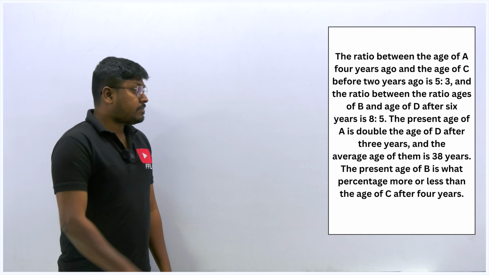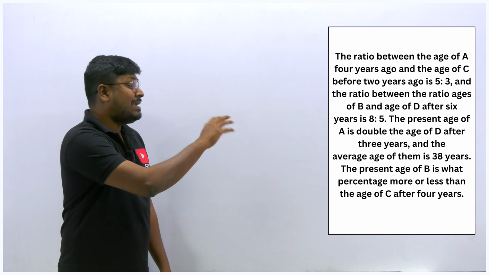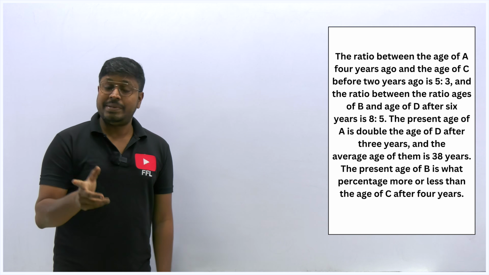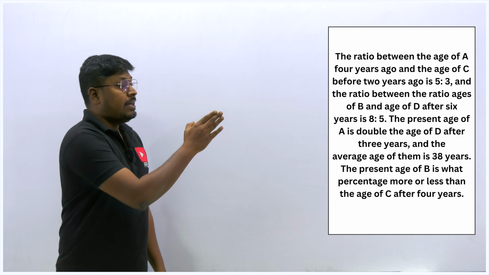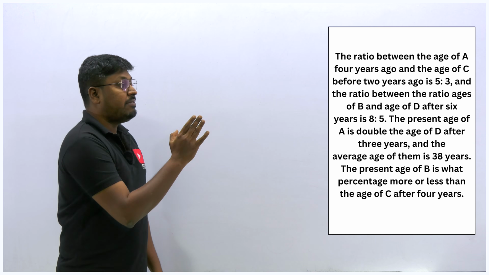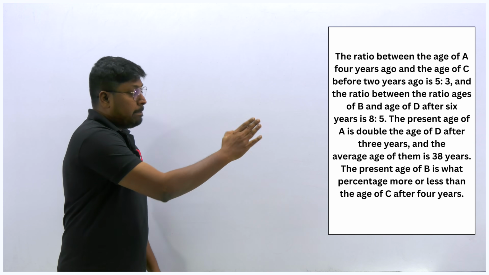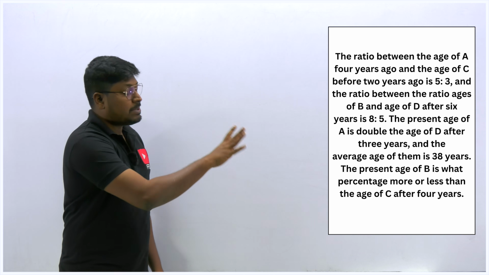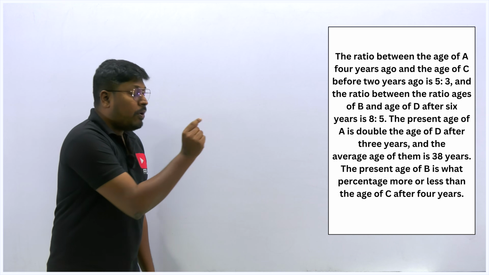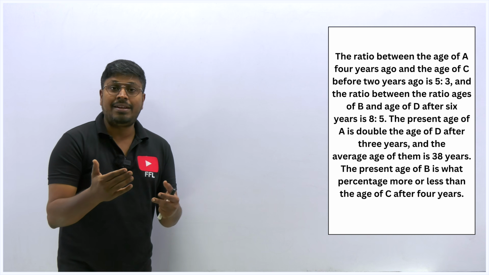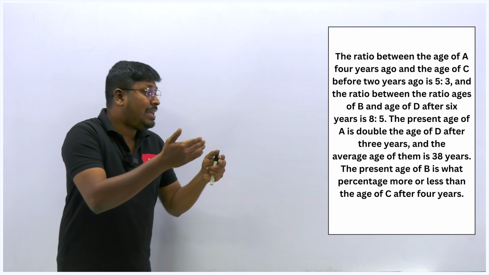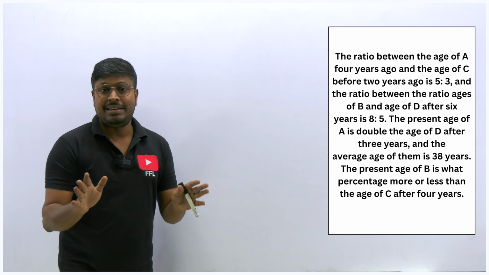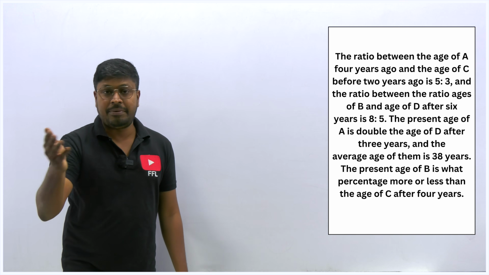I think all the ratio values have been directly given, right? There is no twist in the question. You can see A and C ratio has been given. Second point, B and D ratio has been given. So most of the ratio values have been given, but what is our target? Our target is to find how much more or less the age of B is than C. That is the formula (X minus Y) divided by Y into 100.